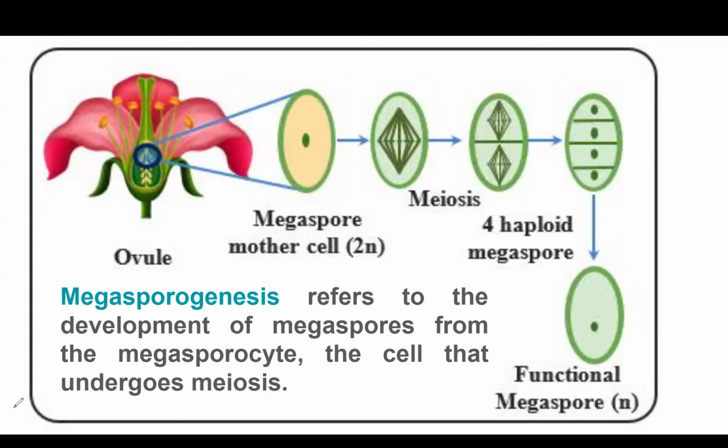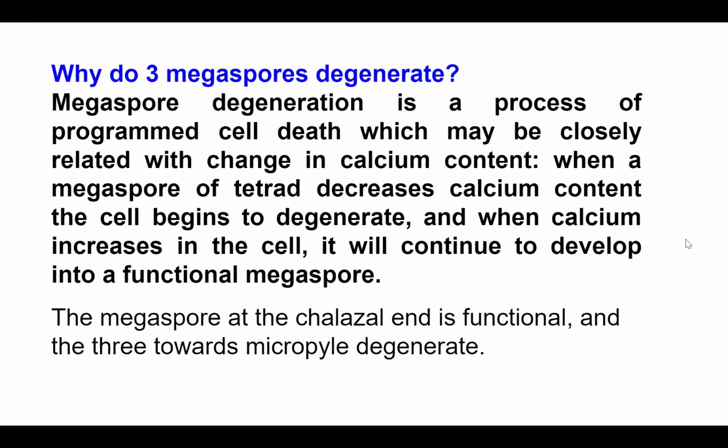So this is megasporogenesis. I told you that three megaspores degenerate. Why do they degenerate? Because of programmed cell death, which may be closely related to a change in calcium content.